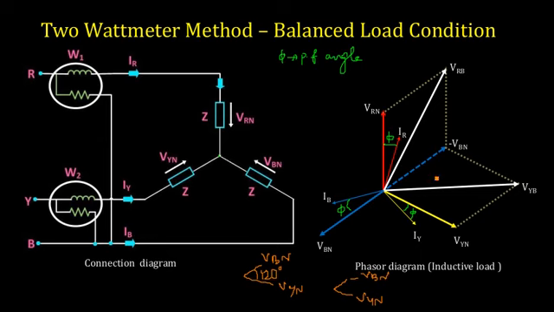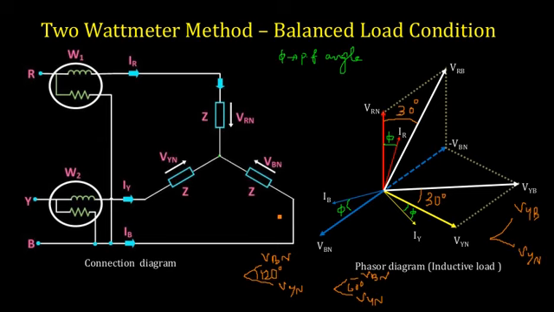Okay, this is 120 degrees, so the angle between minus VBN and VYN will be 60 degrees. Now what will be the angle between VYB and VYN? This will be half of 60, this will be 30 degrees. Again this also will be 30 degrees. So all these values are 30 degrees.